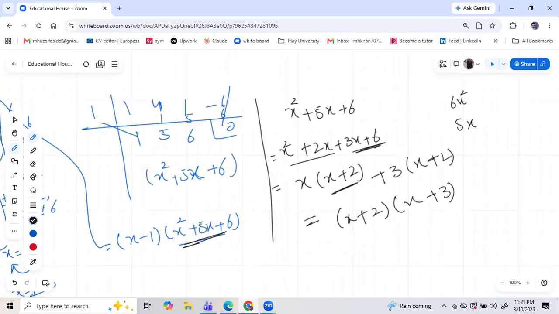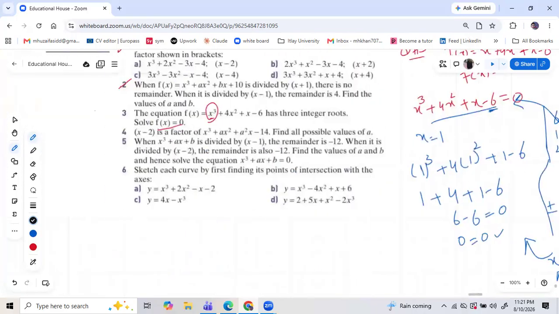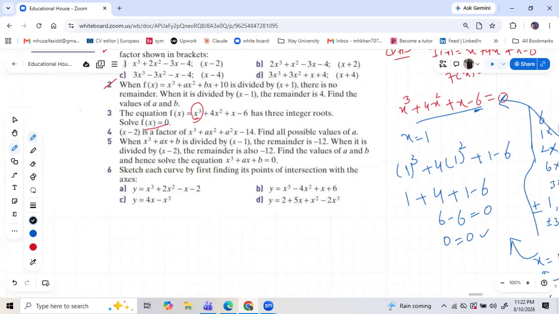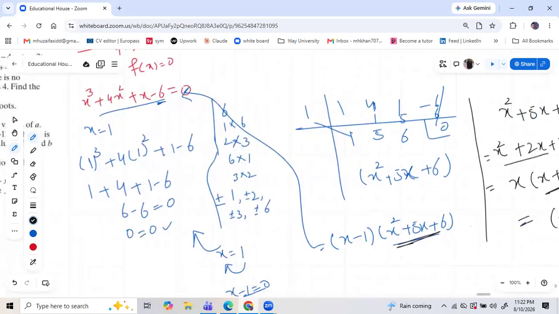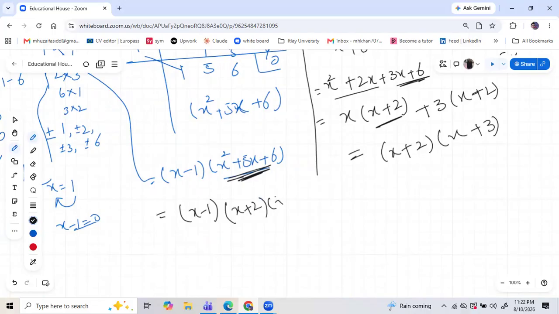Basically, what we are finding in our problem: the equation has three integer roots. Solve for f of x equal to 0. On the basis of this, x minus 1 is as it is, and we find x minus 1, x plus 2 and x plus 3.